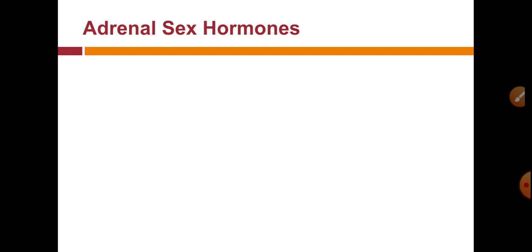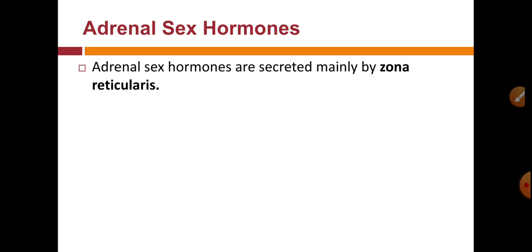Here we use the term adrenal sex hormones rather than sex hormones, because sex hormones are also secreted from the testes and ovaries. But the terminology adrenal sex hormone relates to sex hormones secreted from the adrenal cortex, particularly the zona reticularis.